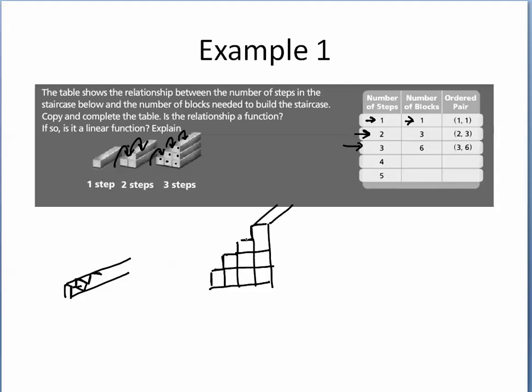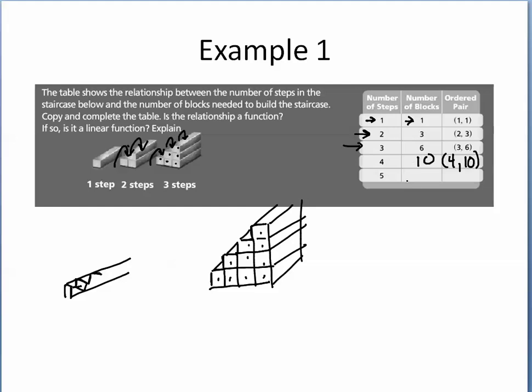So then you can imagine this in 3 dimensions. Yeah, that looks a lot better. Okay, so how many blocks, remember they're long blocks, do we have? 1, 2, 3, 4, 5, 6, 7, 8, 9, 10. So 10 blocks. So that gives us a point of (4, 10) as an ordered pair.